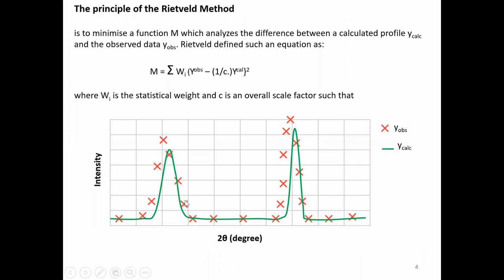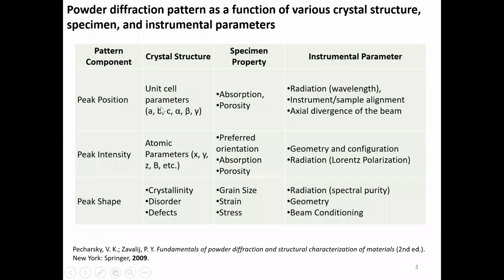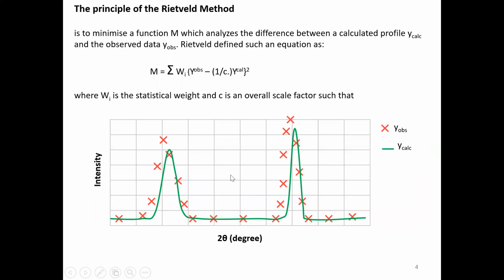Using the unit cell parameters I told about earlier, the atomic parameters and the other parameters as a reference point, Rietveld refinement allows us to simulate a duplicate pattern with respect to the experimental pattern.